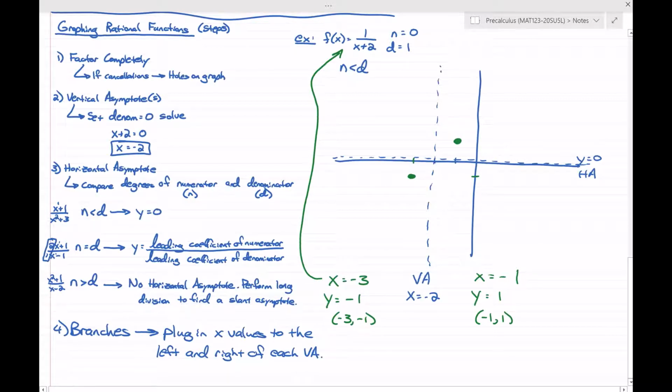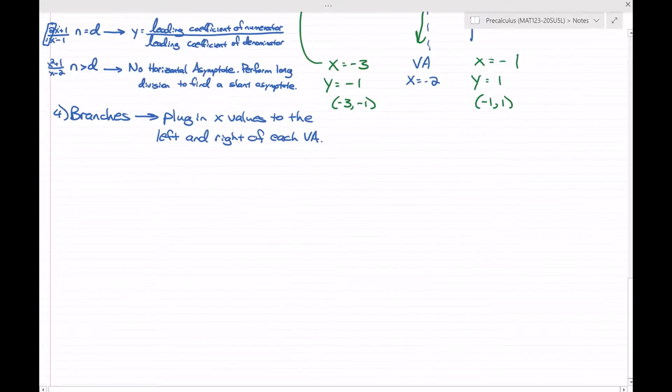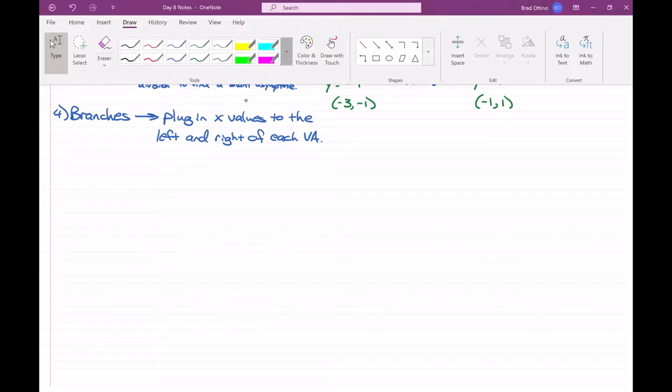Now remember, the graph approaches the asymptotes. So if we approach this and approach this, that's how we get our branches. Sometimes we could have 2 vertical asymptotes or more, but the rules are still the same. We're going to test x values to the left and right of every single vertical asymptote. So let's take a look at the 4 examples I told you we'd go through.